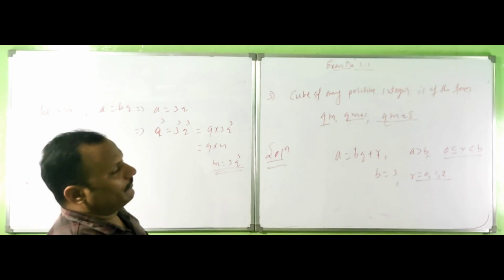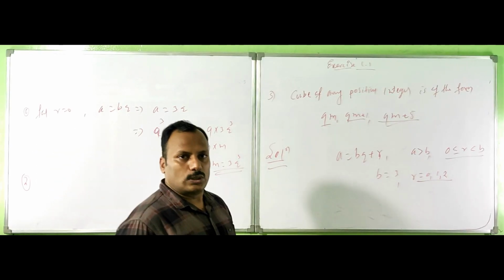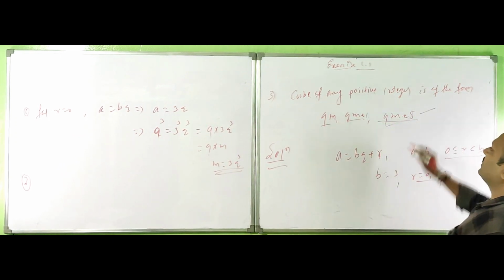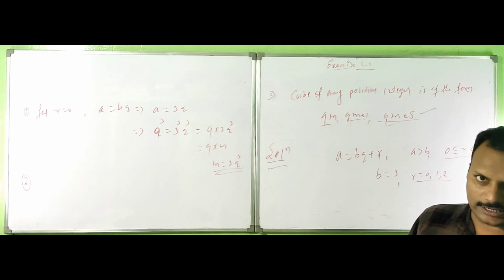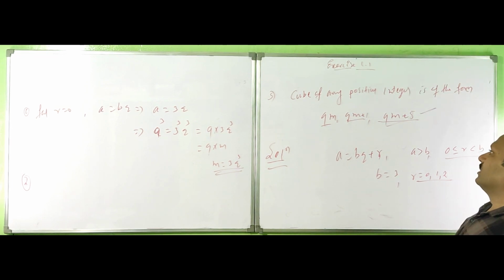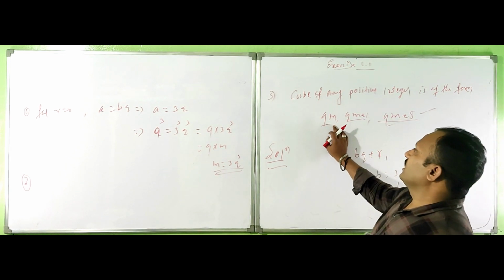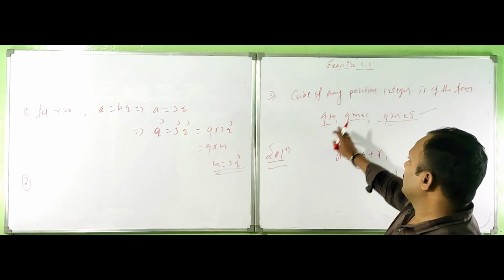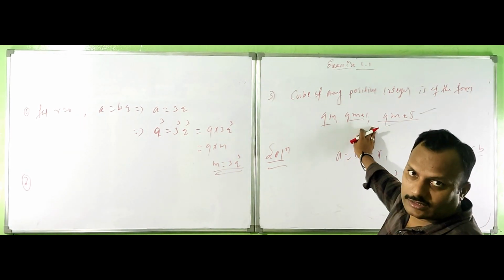So if we take 2, its cube is 8, so here m equals 0, you will get 8, and 3 cube is 27, right? 27 is 9 into 3. Again 4 is 64, so 9 into 7 plus 1, like that.